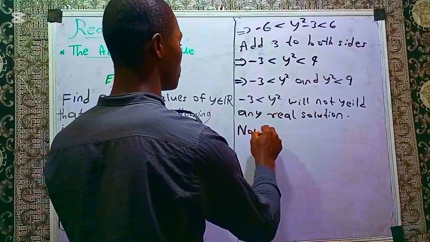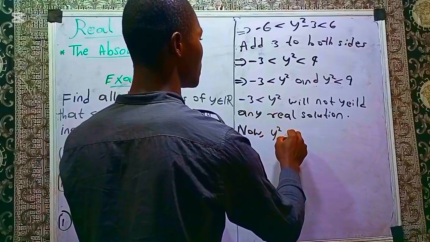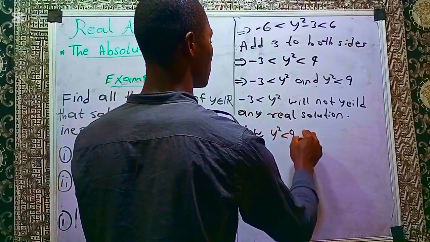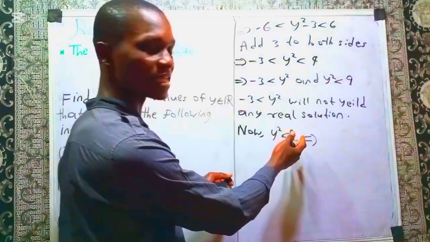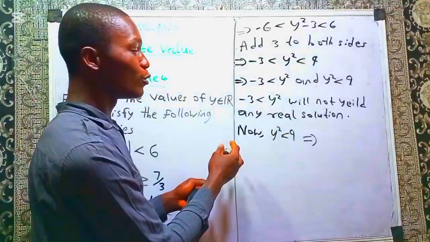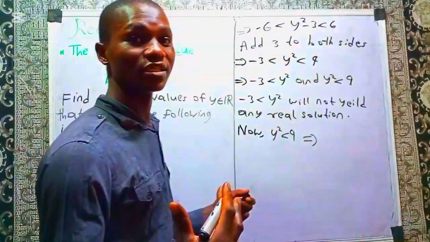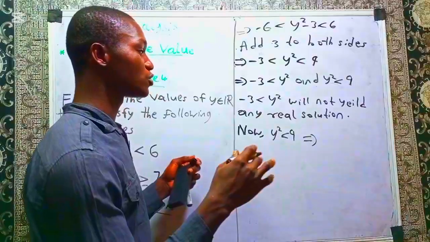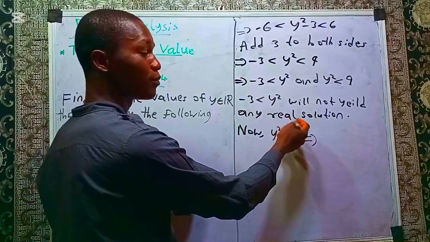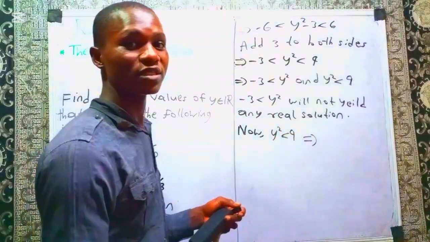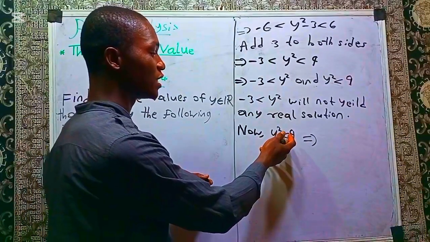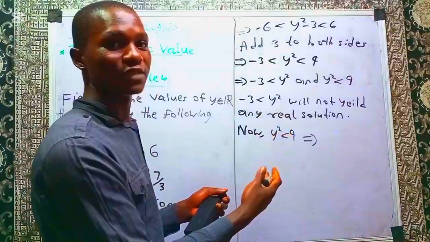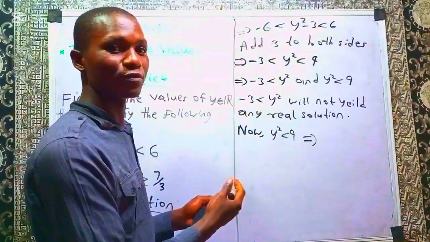Now, y squared less than 9 implies, let's move 9 to this side. We know that if you take the square root of both sides, the square root of positive 9 will give you a real number. But because we're having an inequality here, it's better we factorize it so that we'll be able to solve it.